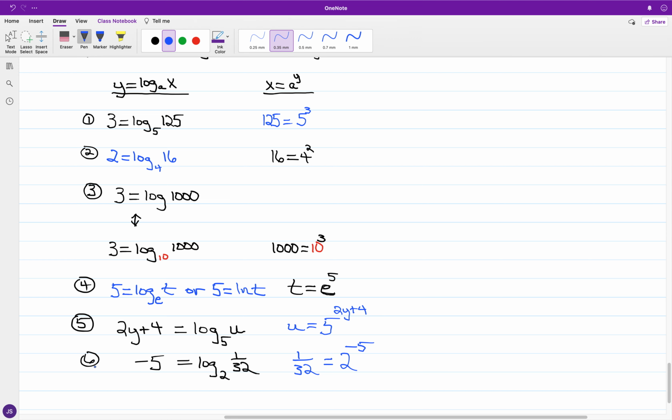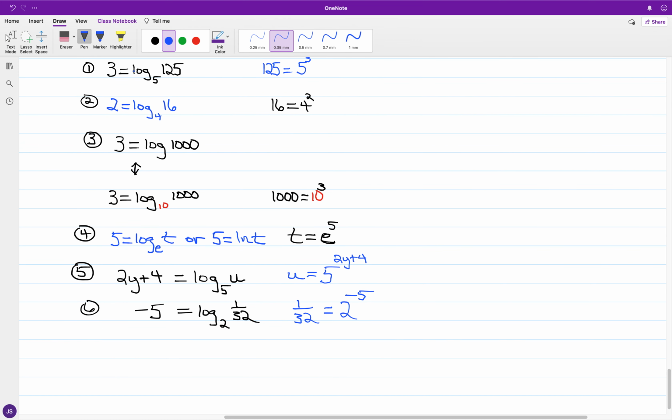And in the case of number 7, say I have 2 is equal to the natural logarithm of x, and I put this in exponential terms.